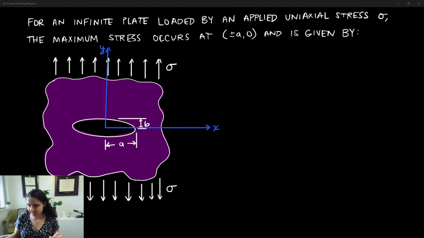I've drawn it as kind of a blob with an oval in the middle, but that blob just means that we can imagine it extends on forever. This is a giant plate with a small elliptical defect in the middle of it.